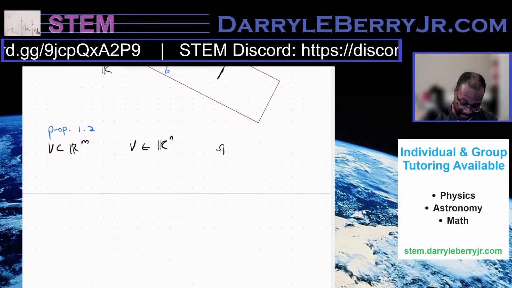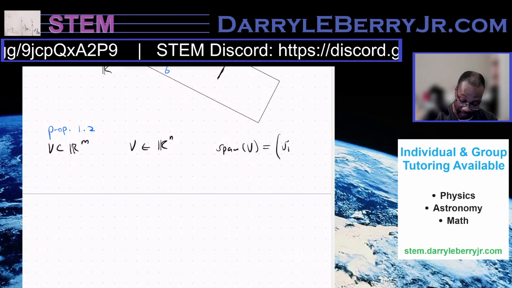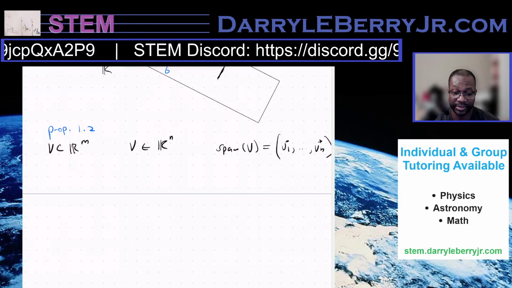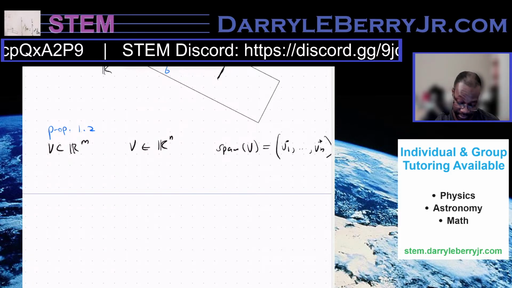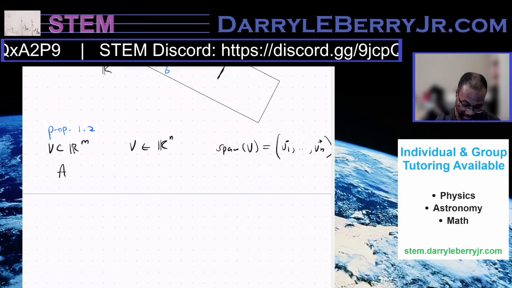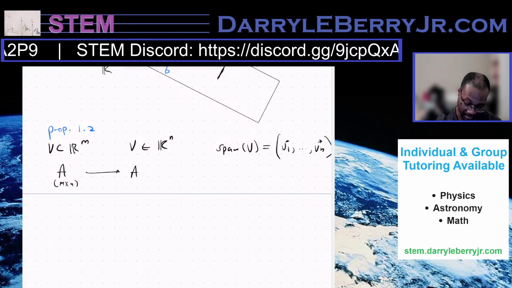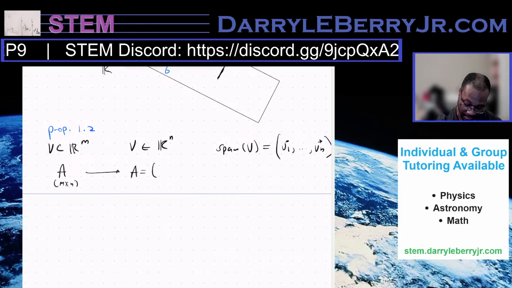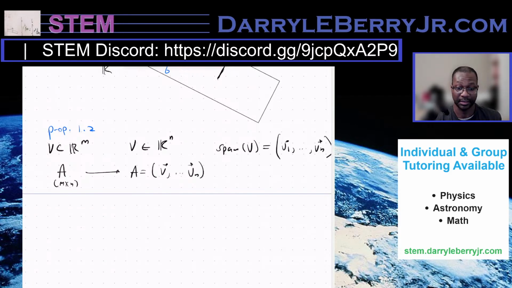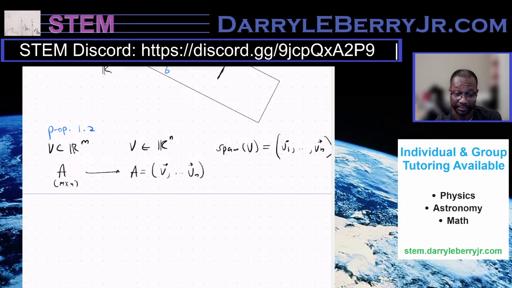So you can say span V equals V1 through Vn, and let A be the m by n matrix whose columns are these basis vectors, the columns that span this subspace, as we discussed earlier.